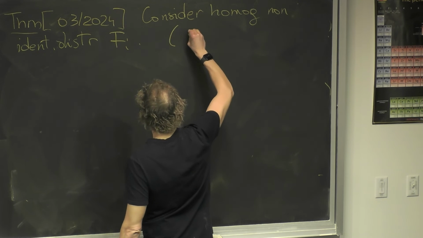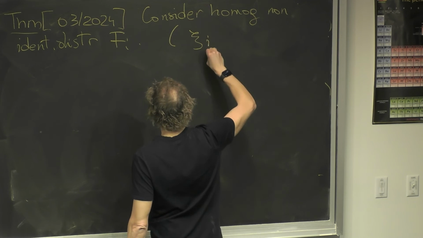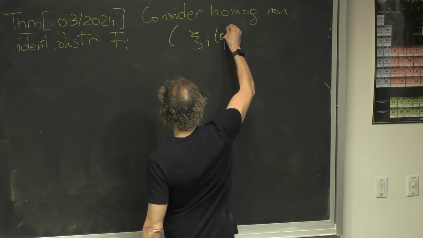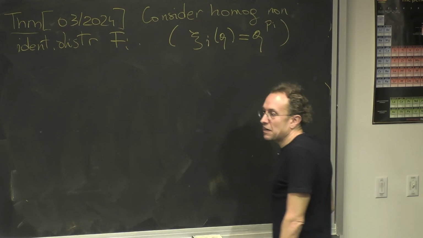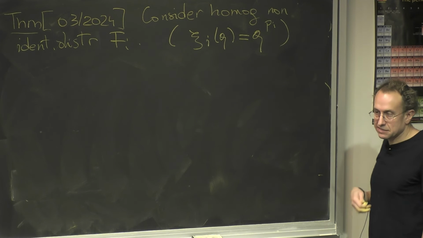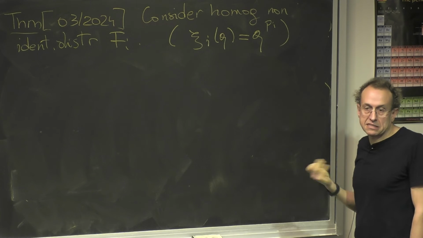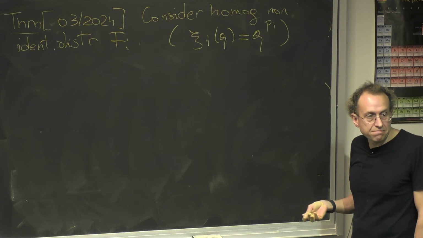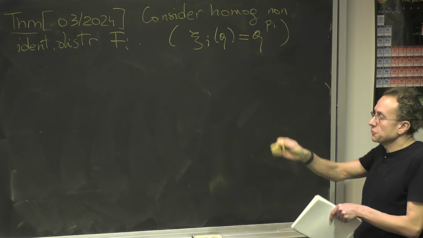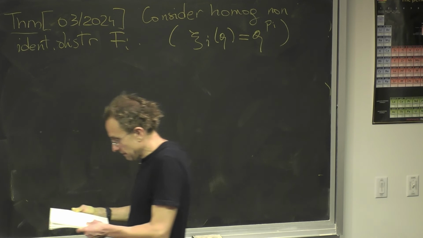In the language before, the i-th function is a homogeneous polynomial of degree p_i, and p_i is completely arbitrary. This is actually the original setting of this problem.